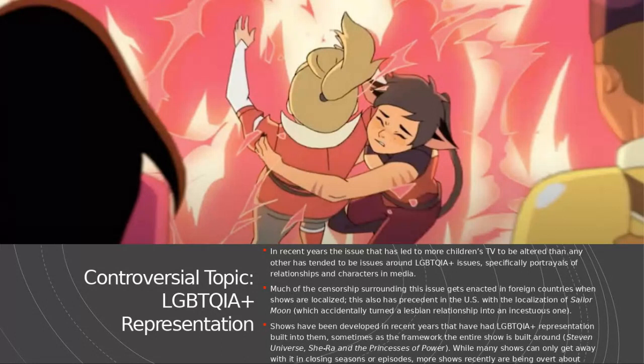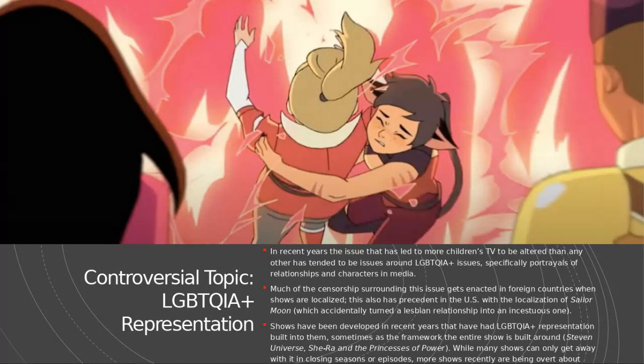In the video, I gave examples of Steven Universe getting censored in both Russia, by having its voice actor changed from female to male, and in the UK, having a dance sequence cut because it looked too romantic between two female-coded characters.